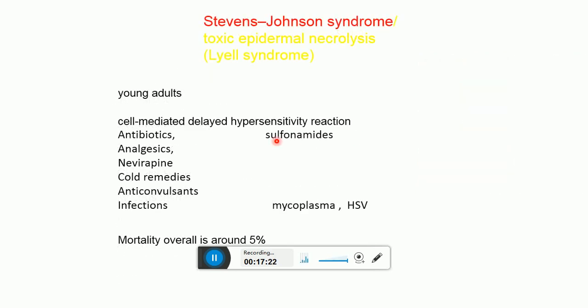So this was all about the mucous membrane pemphigoid, also known as ocular cicatricial pemphigoid, which was a type 2 hypersensitivity response. Now the next important disease is Stevens-Johnson syndrome, also known as toxic epidermal necrolysis or Lyell syndrome, also known as erythema multiforme.